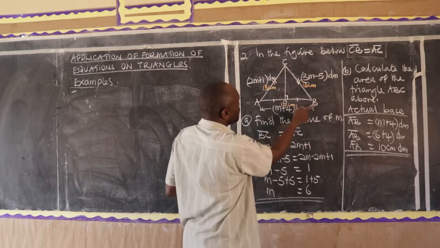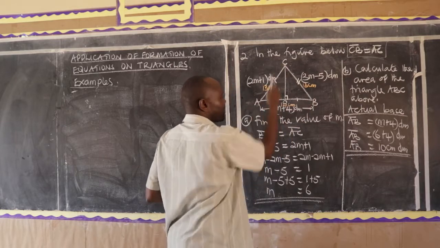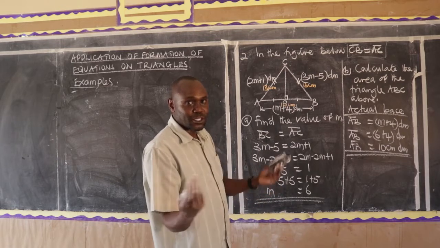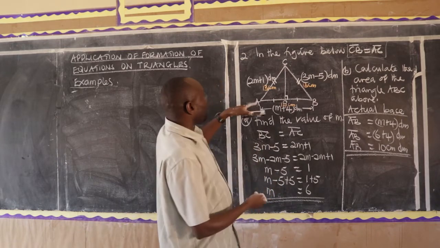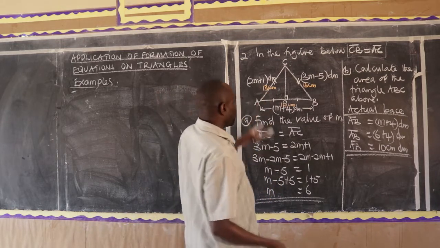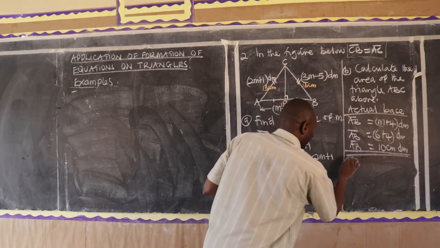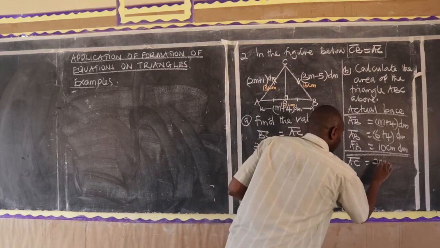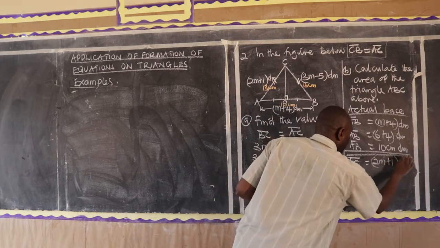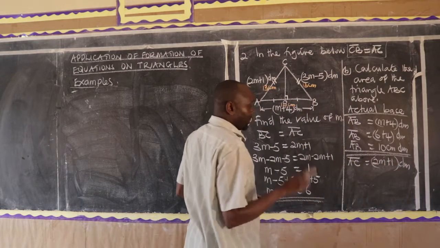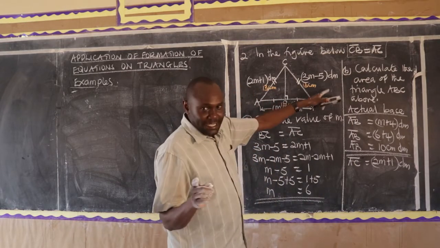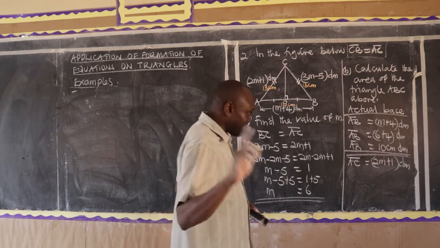You can either use CB or you can use AC. But I advise you always pick the one which is simpler for you to substitute and work out. Children always like addition, so you can say, let's first know the length of AC, which is 2m plus 1 decimeters. Please be careful with the units. Some of you have been given decimeters, but you use centimeters.